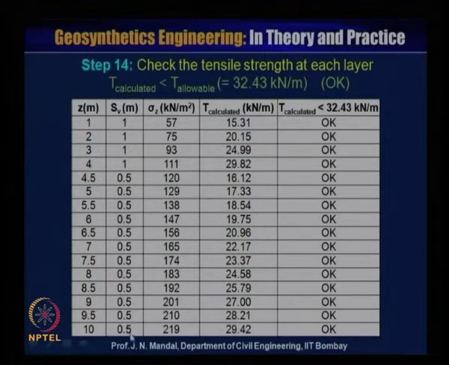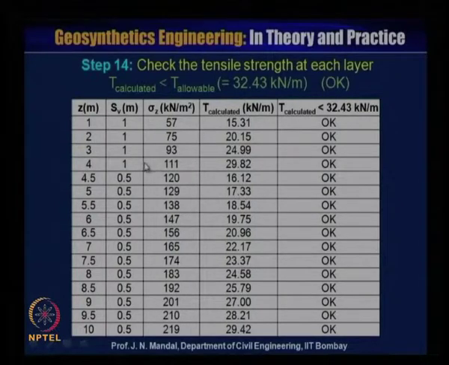Sometimes when you change the spacing between the reinforcement suddenly from 0.5 to 1 meter, the T calculated value may not be satisfied. So you have to select the spacing sometimes depending upon the strength of this material.